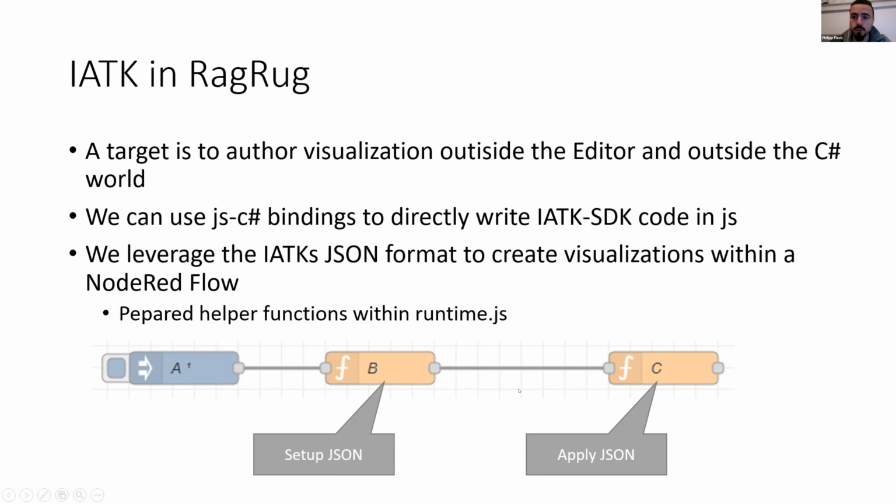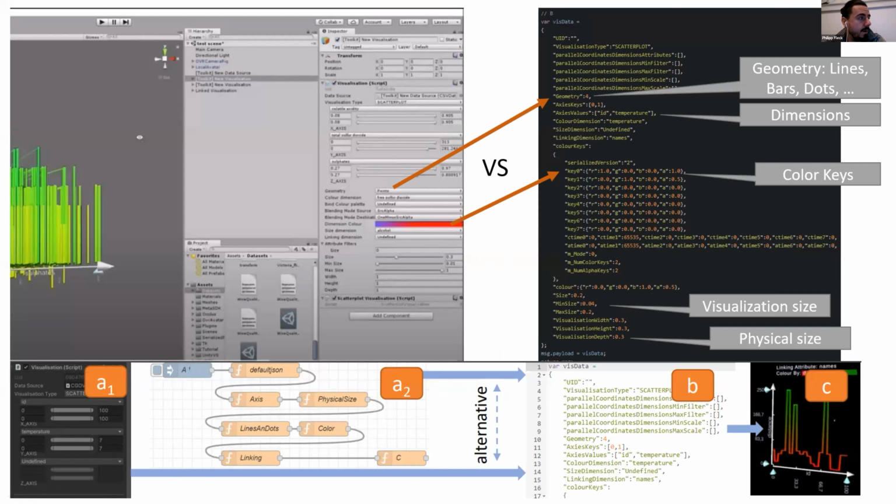The client executes the flow, checks for the JSON-based definition for the visualization, then creates an IITK instance and shows the visualization. All the settings presented in the editor by IITK are mapped to an already implemented JSON structure that we expose, and this structure can be used to create a visualization.